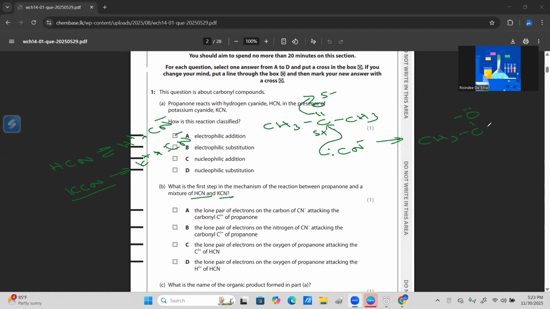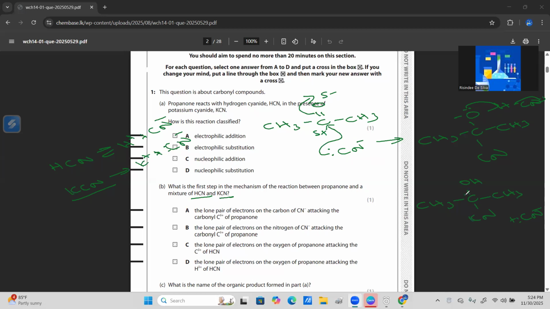You have a lone pair oxygen, CH3, CN. When you have HCN, the lone pair will attract the hydrogen. So as a result, you get the hydroxynitrile and cyanide. The second cyanide is coming from HCN. First cyanide is coming from KCN.